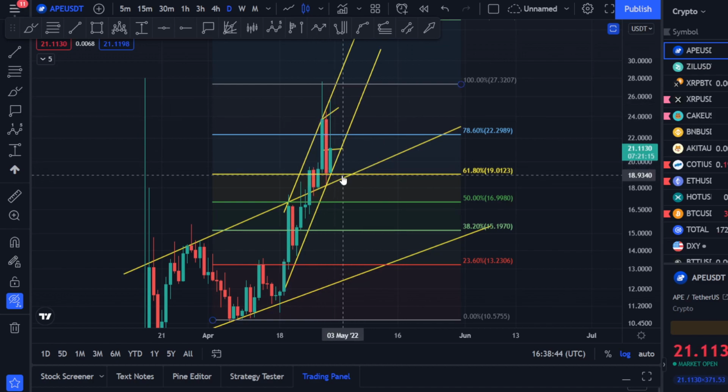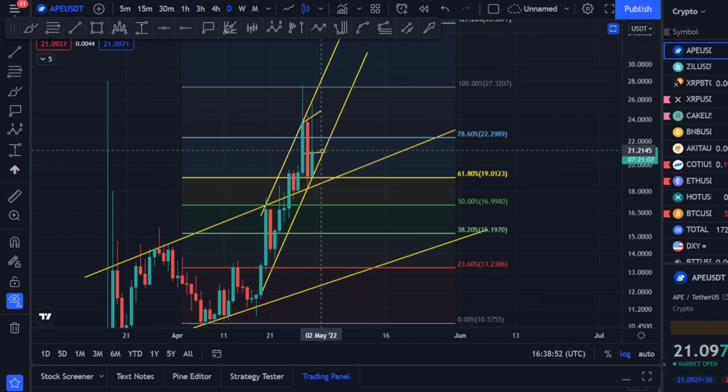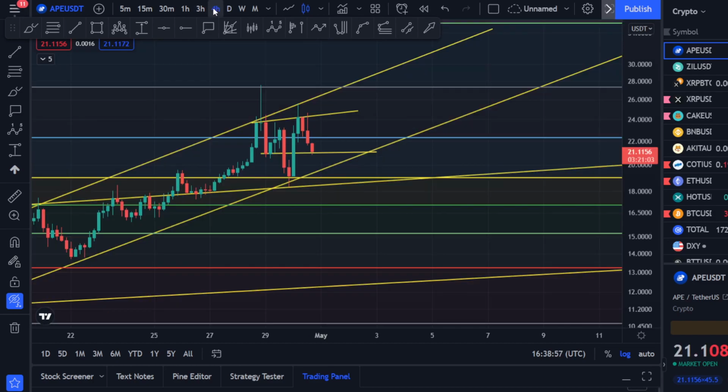Now, if we can hold this level, if it comes back, that's great. If we break this level, obviously it's going to come down to the 0.5 level.